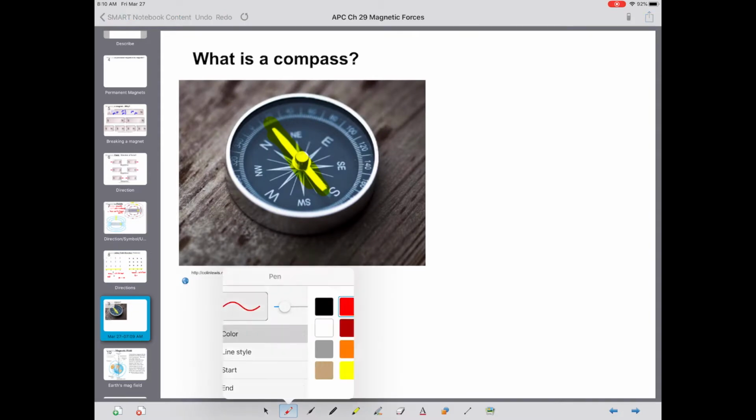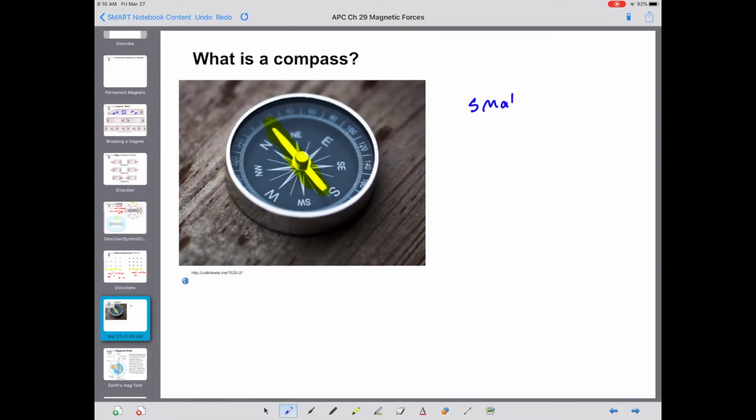The needle of a compass is basically a small magnet, and that small magnet is balanced so that it can align in Earth's magnetic field. The small magnet that is there, a compass, points north.